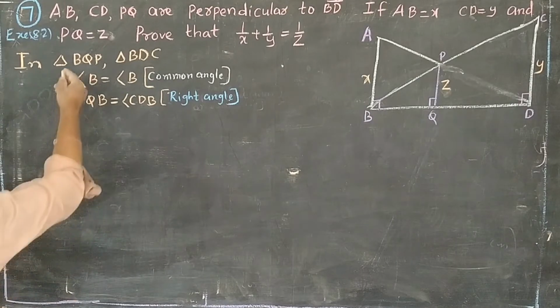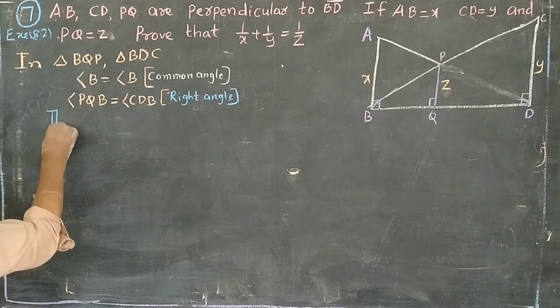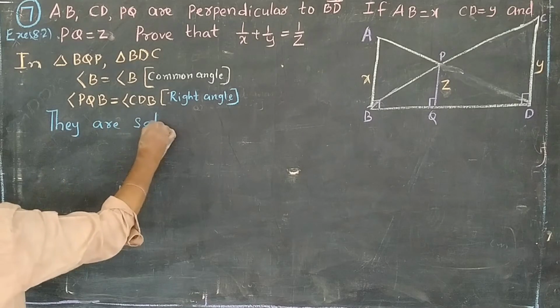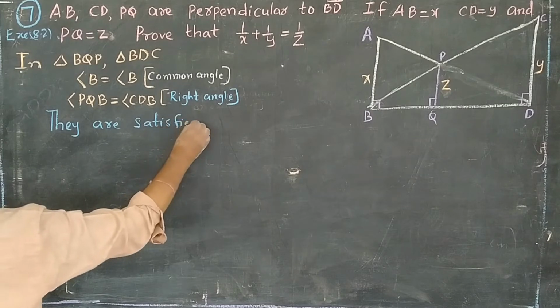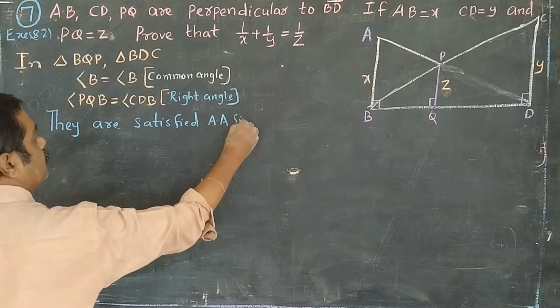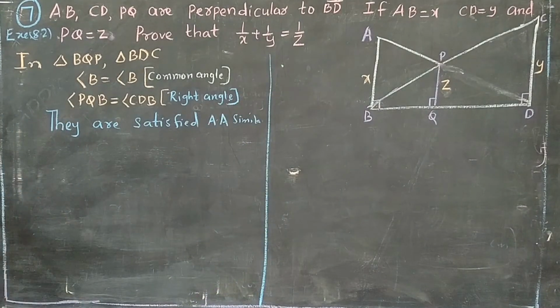So these two triangles satisfy the AA similarity criterion.